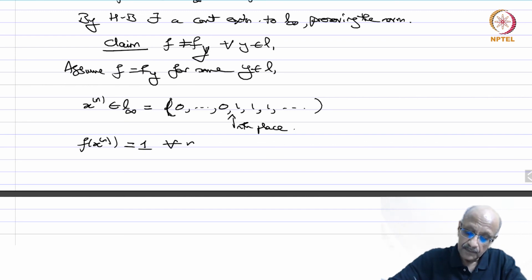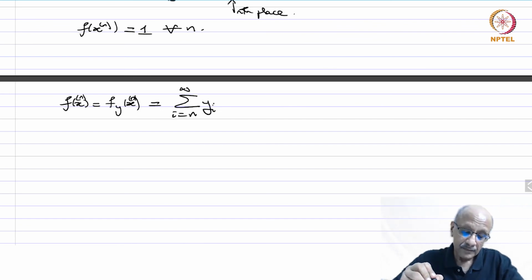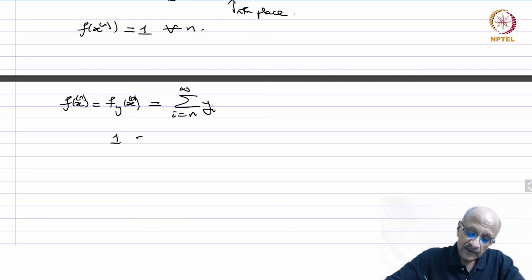So f equals f_y. And what does it mean? This is sigma i equals n to infinity y_i. So 1 is less than or equal to sigma i equals n to infinity mod y_i, and this is not possible.